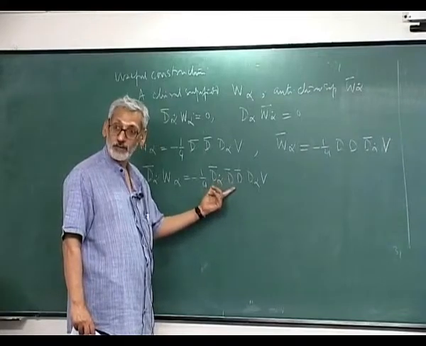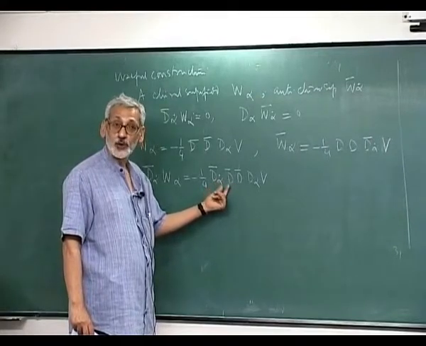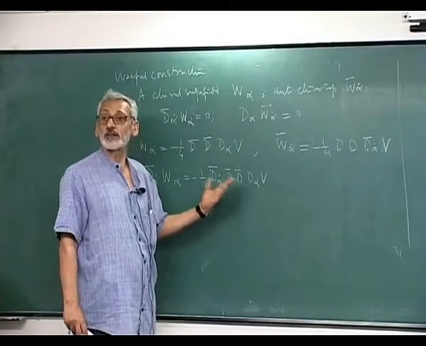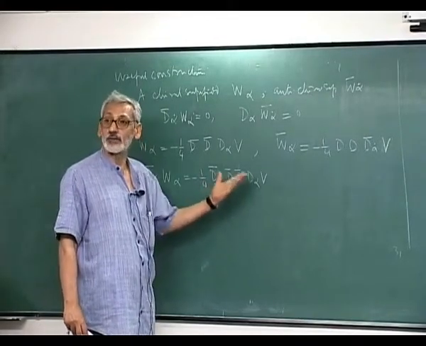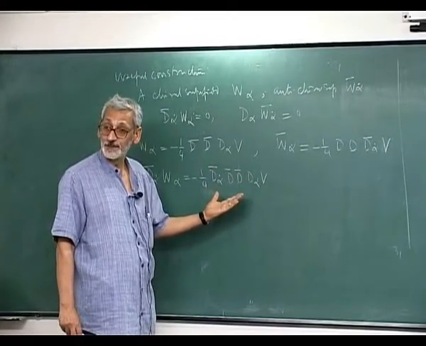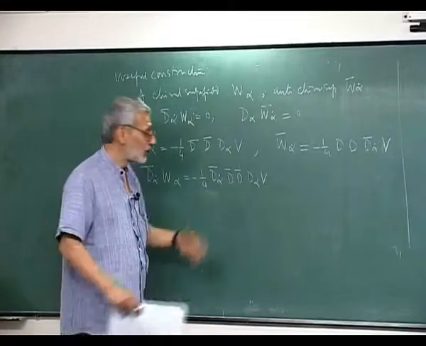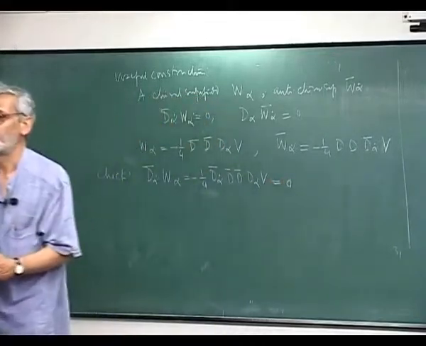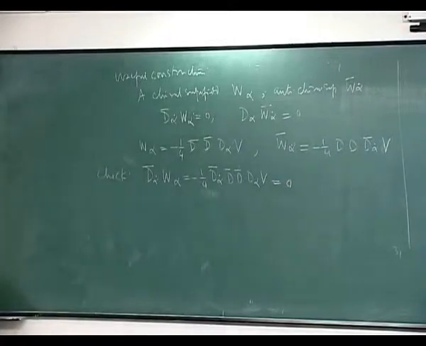One of them will be common. So you'll have the square of D1 dot or D2 dot, and that is 0. So this object is by construction 0. Is that clear?